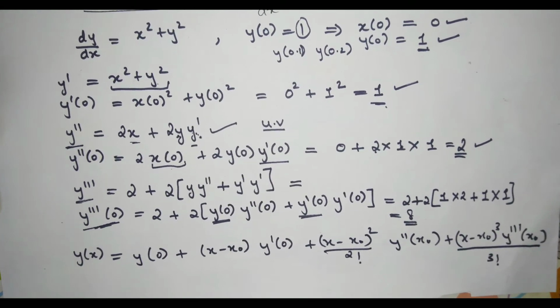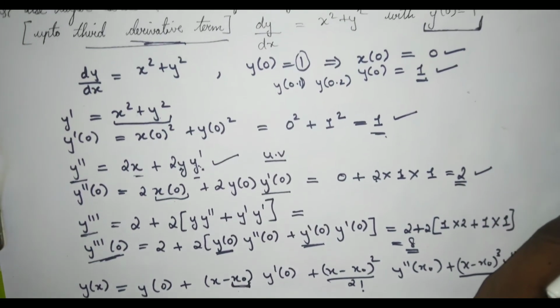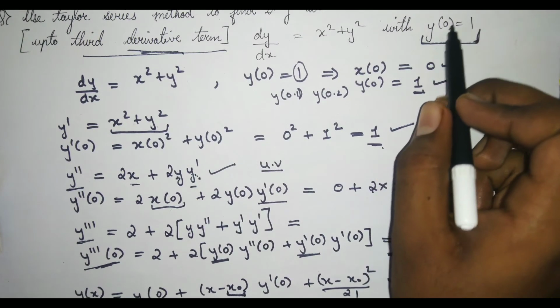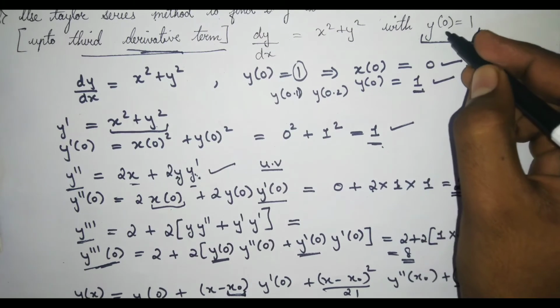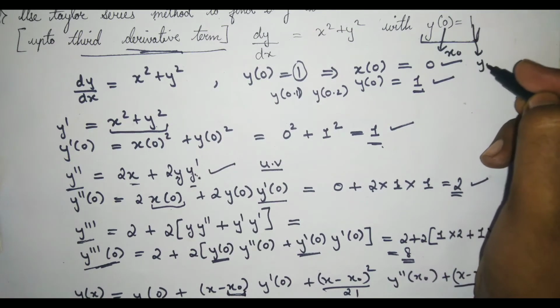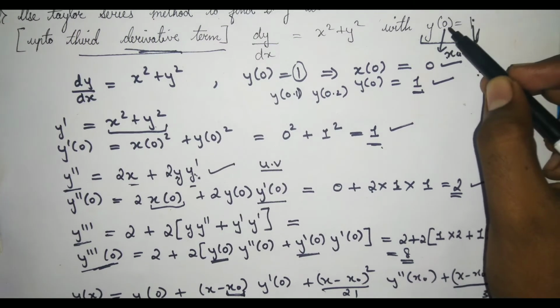Now you must be wondering where we got x naught from. Basically in the question one value was given, that is y of 0 is equal to 1. So this basically indicates x naught is 0, and y naught is 1. That means y of 0 is 1, x naught is 0.